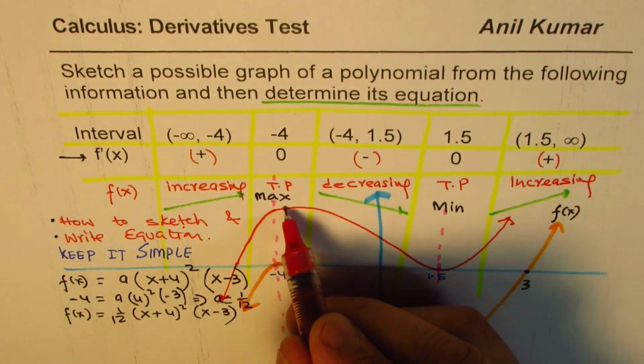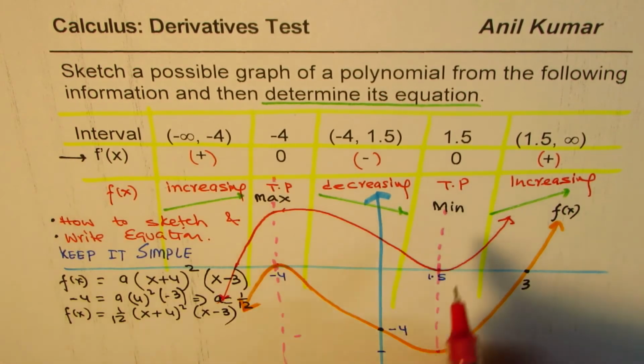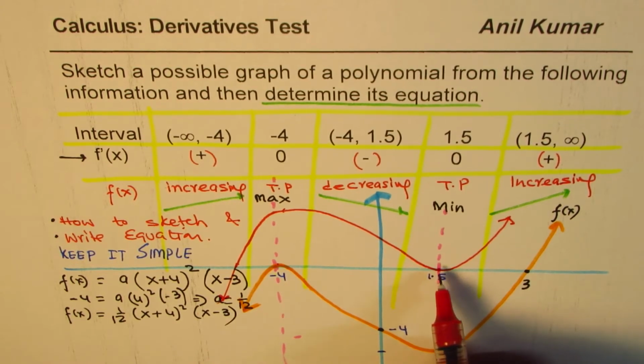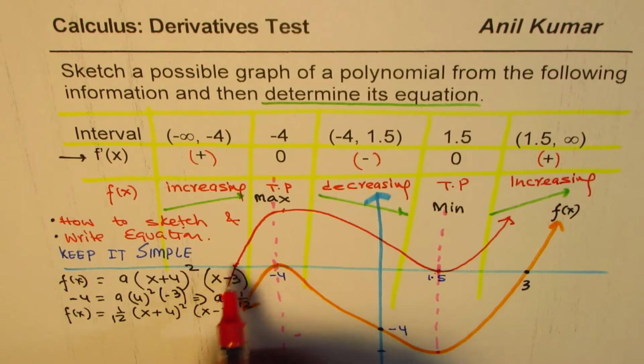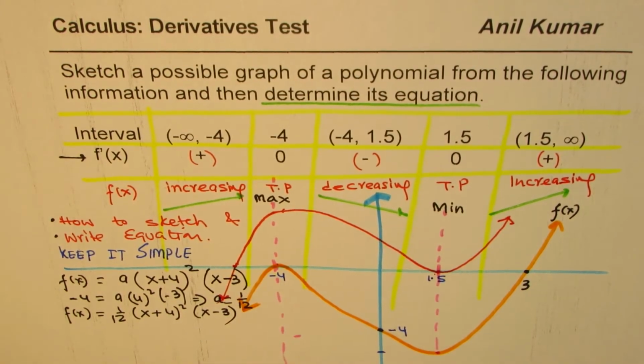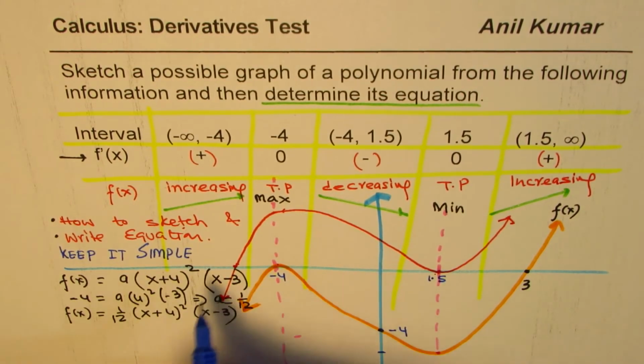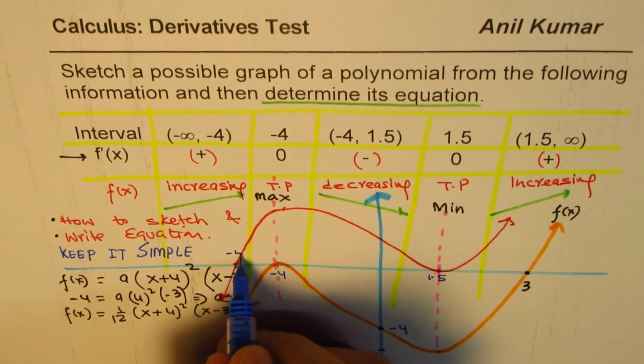Correct? So this is the turning point. This is the turning point in the question, and that one I made as my 0. Correct? And this, let this be the x-intercept. And let me write down the value for this. When you graph, you can see the value, but you could say, well, let this be -5.